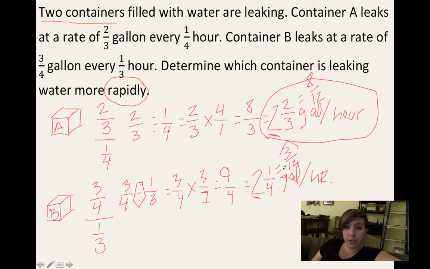So if you're comparing 12ths, 3/12 and 8/12, 8/12 is more. If you just know that 2/3 is more than 1/4, then go for it. That's great. But if you don't, go ahead and find those common denominators and compare the numerators to see which one is more. So this one is leaking faster. This one leaks 2 2/3 of a gallon per hour, whereas this is just 2 1/4 of a gallon per hour.